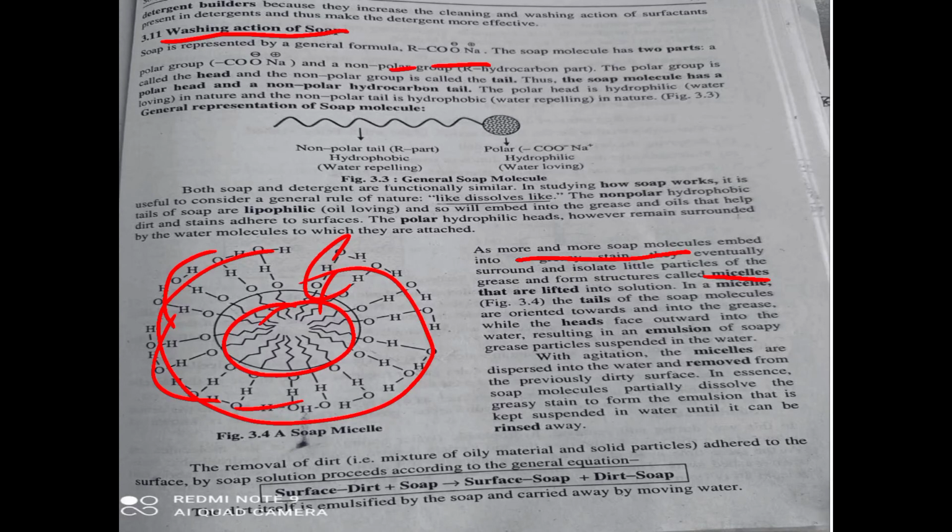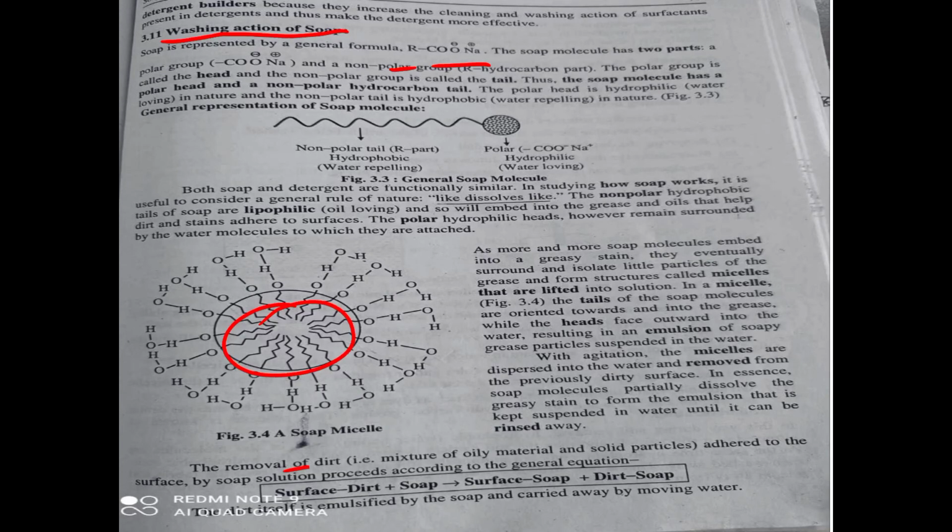The tails of the soap molecules are oriented towards and into the grease, while the heads face outward into the water. Then the emulsion of soap and grease particles is suspended in the water with agitation, and the micelles are dispersed into the water and removed from the previously dirty surface.